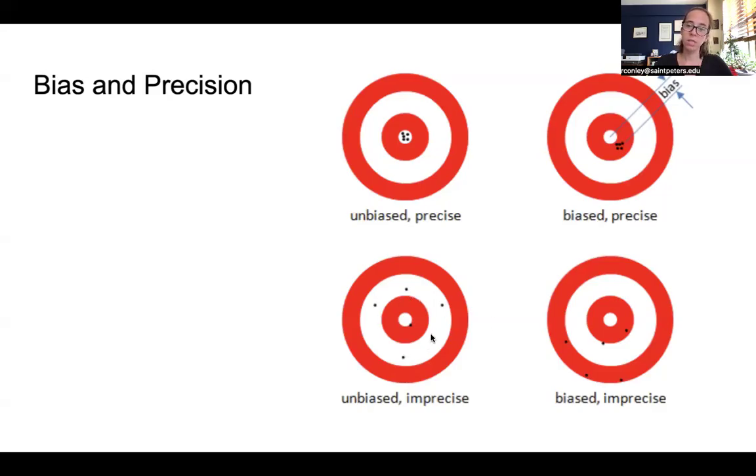If our shots are centered around the bullseye, they are unbiased. But as you can see, we're not a very good aim. We kept missing, and so it's imprecise. On the other hand, if, again, all the errors are in the same direction, in this case, they're towards the lower left, this is a biased aim, and because these are all spread out, they're imprecise.